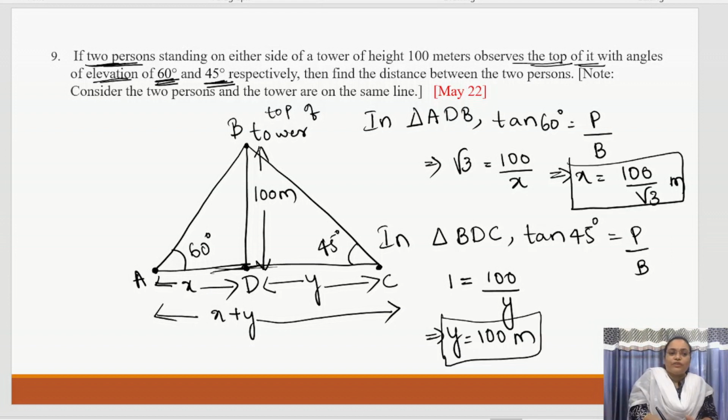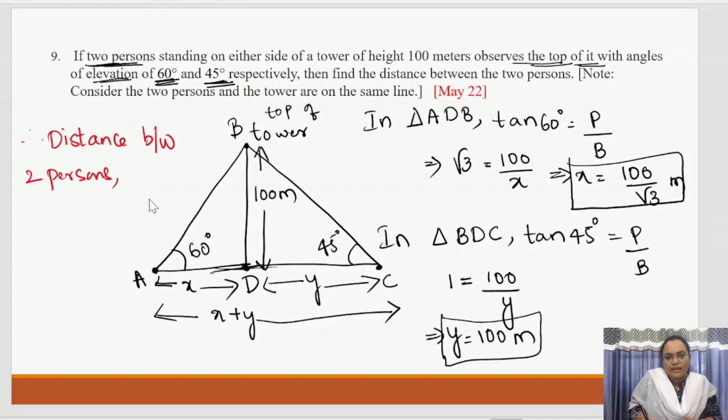We need to find the distance between the two persons, which is x plus y. Correct? Therefore, distance between two persons is equal to x plus y.